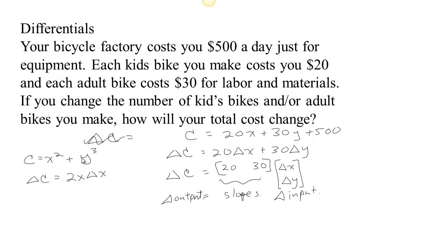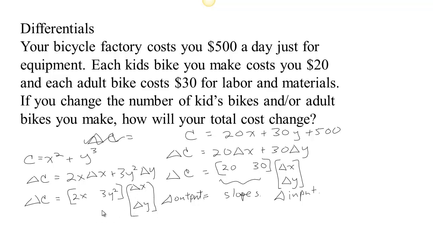And for the slope in the y direction, we can just compute a partial derivative, right? Pretend like x is constant and take the derivative with respect to y. We would get 3y squared times delta y. So again, we could write our change in cost as a slope matrix, or a matrix of partial derivatives, times a vector of changes in inputs, or a tall skinny matrix of changes in inputs.